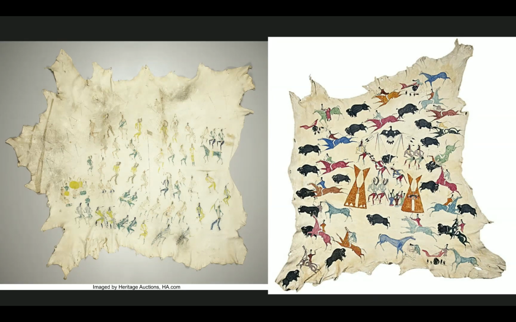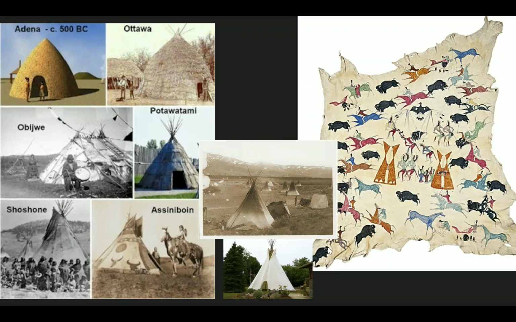So here's another example. We also see depicted on here specifically the Shoshone teepees. Most of these peoples would have been nomadic, following their food source, and so teepees, rather than a permanent space, are more easily taken down and moved to a new place. So here we have the Shoshone teepee represented.